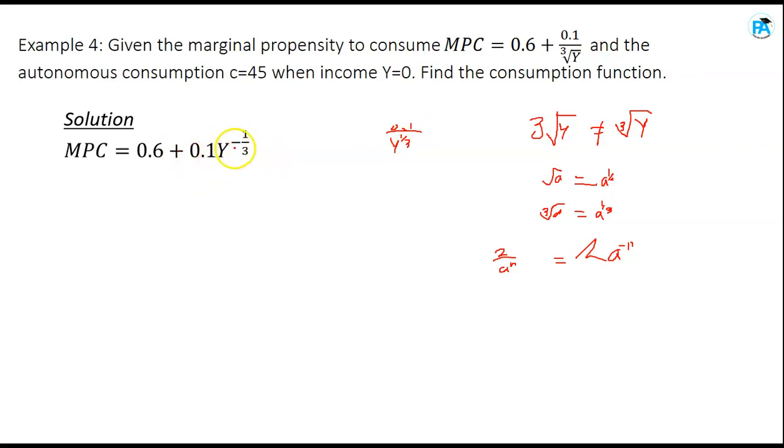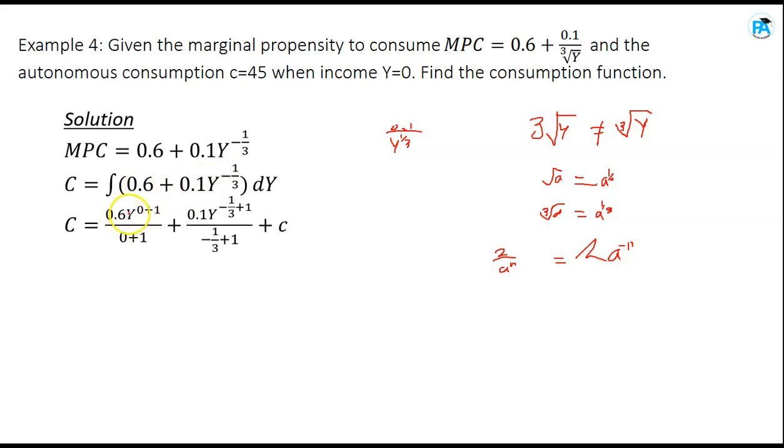I convert it to this form so that I can do my integration properly. Another thing you should know is that the integral of MPC, the marginal propensity to consume, gives you the consumption function. So to get the consumption function, you integrate the marginal propensity to consume. And this will not be with respect to dq, it will be dy, because y is the variable here.